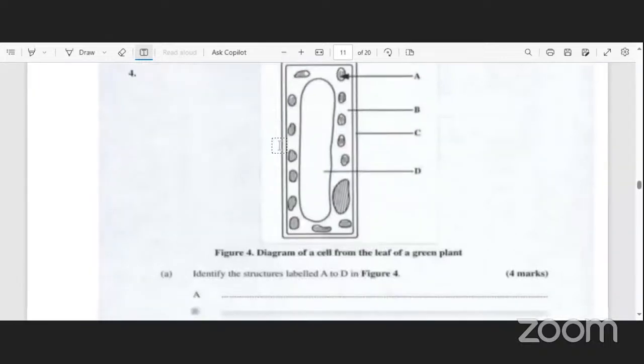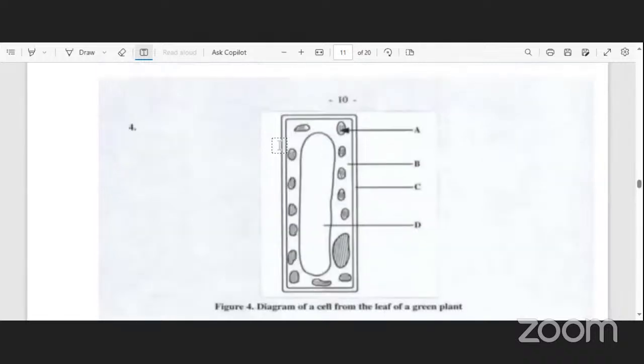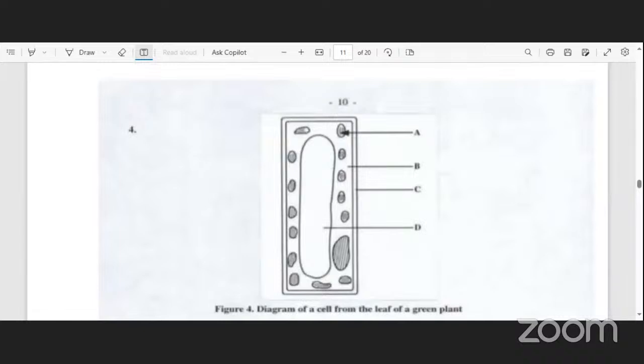All right. So now we're looking at cells. Identify the structures labeled A to D. So what are the structures labeled A to D? We can all type it in the chat. So what would A be? What would B, C, and D also represent?